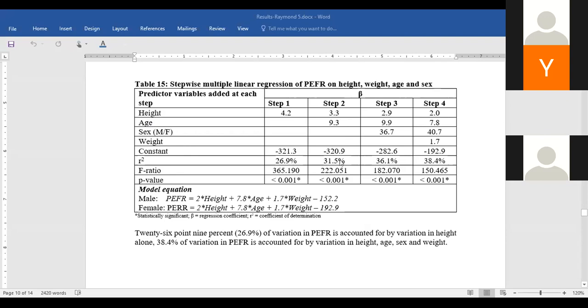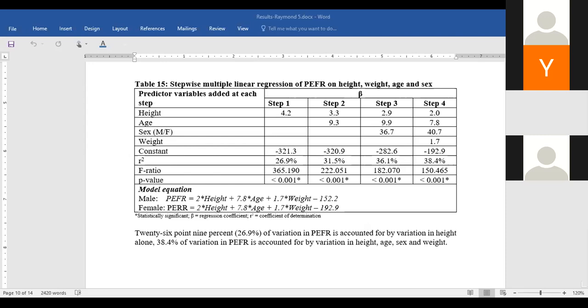You'll be surprised also, after we have added age, let's add the weight. Also let's add the sex. You discover that even sex is still better, male sex, because I coded the sex, because the peak expiratory flow is higher in male than female. So I coded male 1 and female 0. This is a form of point biserial correlation if you are correlating them.